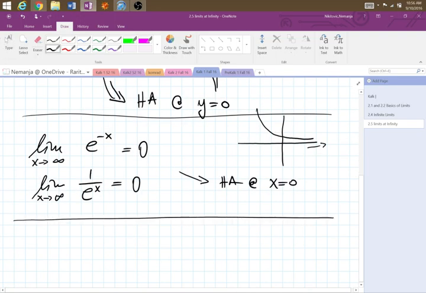Remember how in Precalc 1 you memorized that when you have rational functions, if the degree of the polynomial in the numerator is bigger than the degree of the polynomial in the denominator, there is no horizontal asymptote. If they're the same, you remember memorizing all of that? Now, do you actually remember it? No. Why?